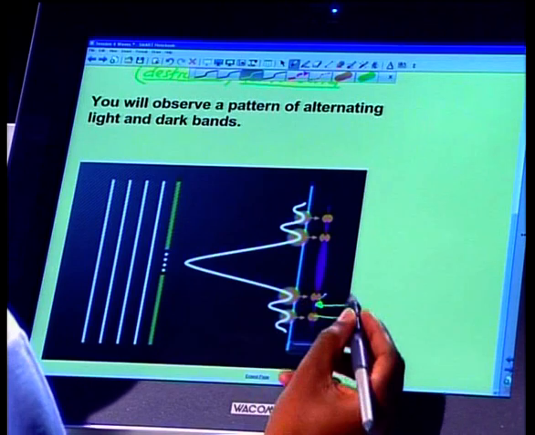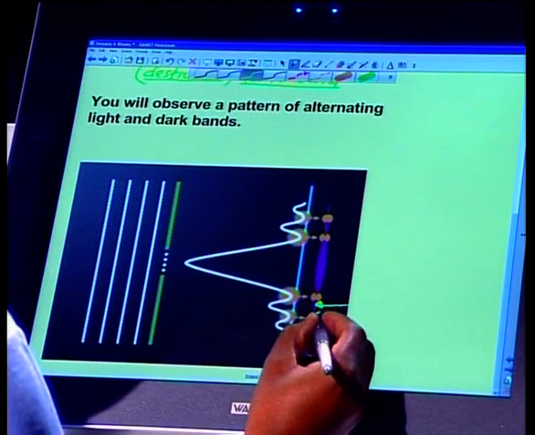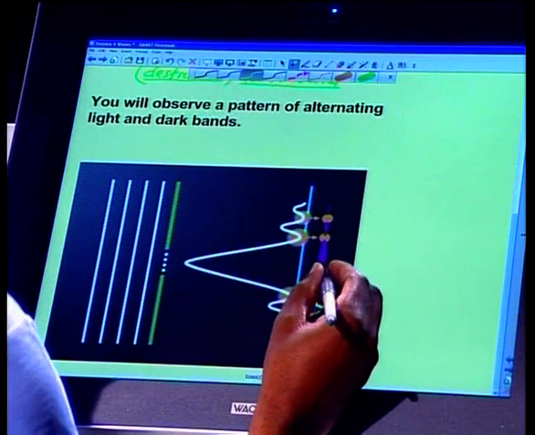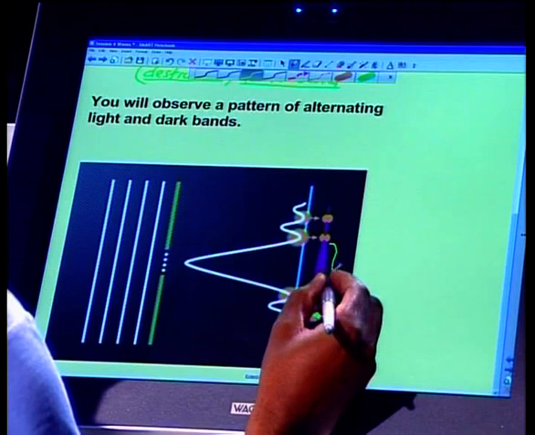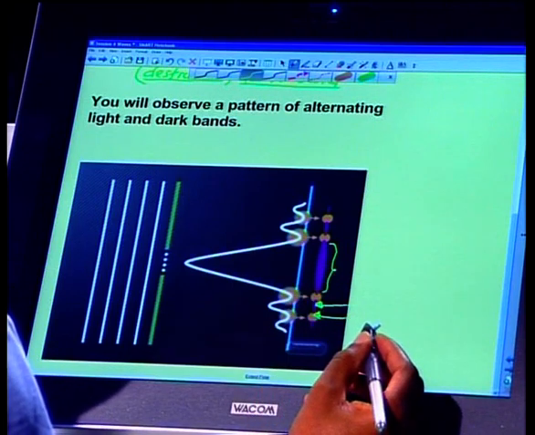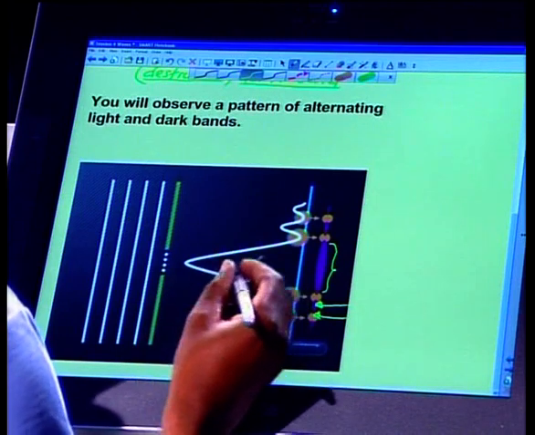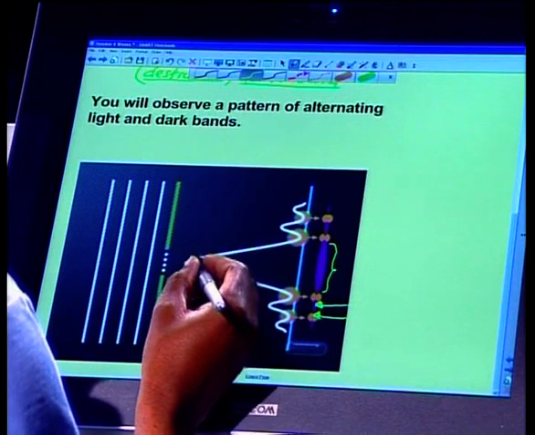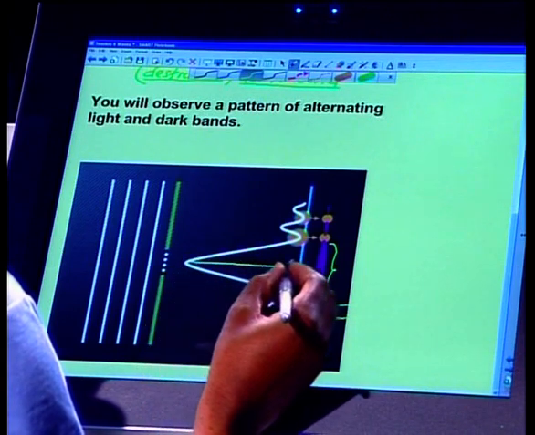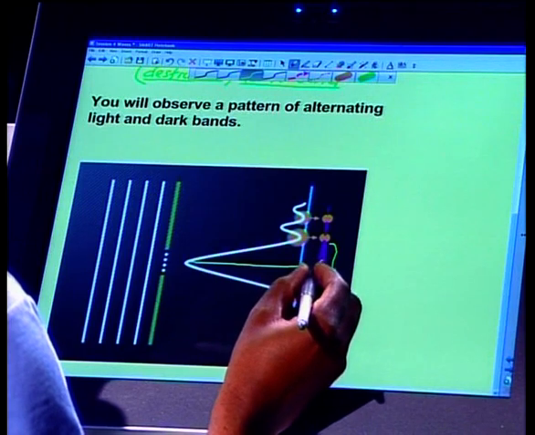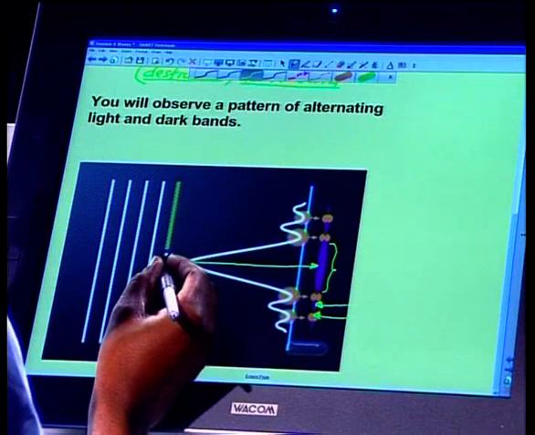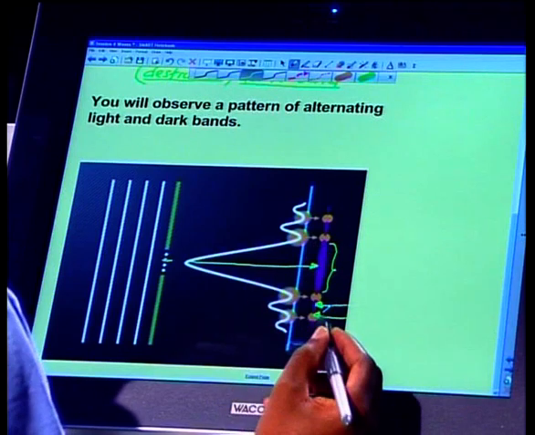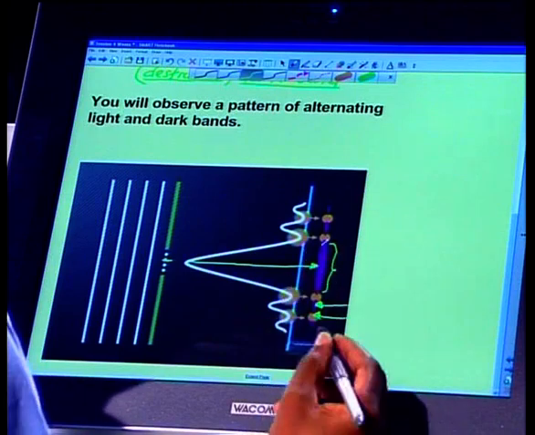This one, destructive interference, the dark bands. And we also realized that in the middle here, we had the largest bright band. It was right at the center of the slit. There is our slit, so right at the center of the slit, our screen tells us that we're going to have the brightest and the longest band.